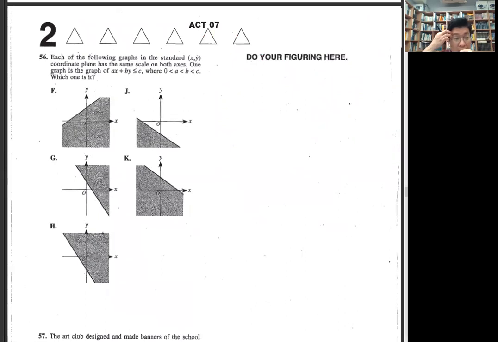And then this one, ax plus by, c. You can plug in any number for this one. A, let's say 1, 2, 3. So x plus 2y, 3. So 2y minus x plus 3.